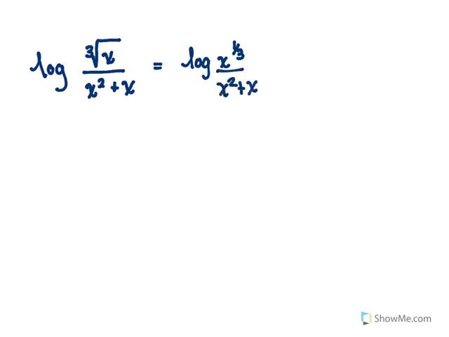So then we have log of the cube root of x, over x squared plus x. Okay, so first things first, let's turn this into log of x to the 1/3 divided by x squared plus x.